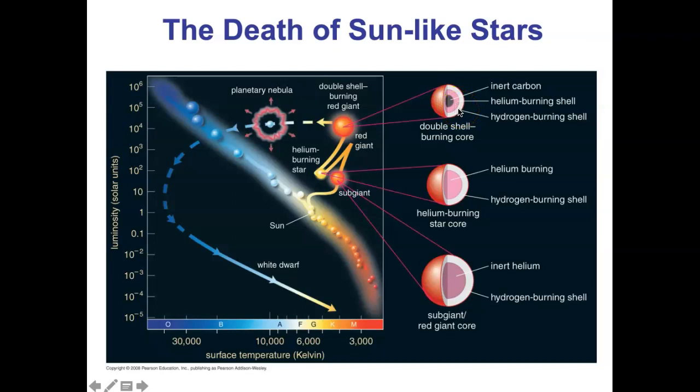And all of this heat, the heat from the carbon core and the heat from the helium fusion and the heat from the hydrogen fusion, is being very rapidly dumped into the outer layers of the star. And those outer layers get heated up, they expand and cool off and turn back into a red giant. So this star expands back up the red giant branch. It turns into a red giant again.